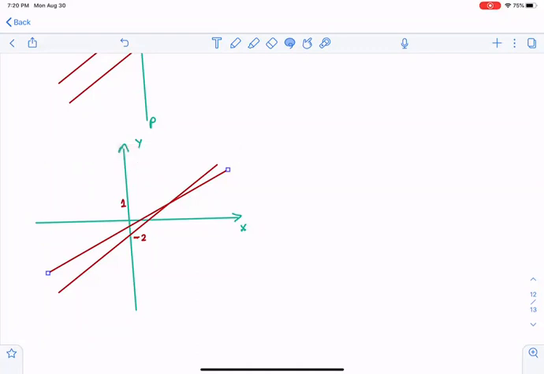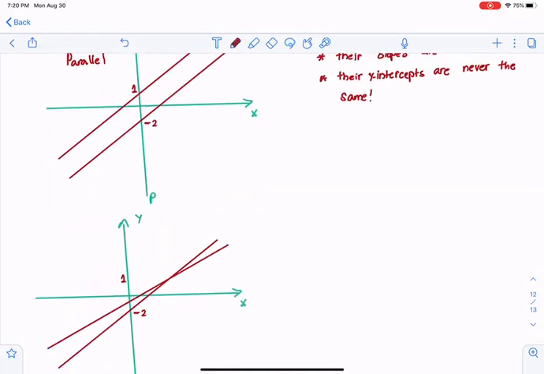So another way to recognize that two lines are parallel in a geometric sense is that the lines will never intersect. So parallel lines cannot intersect.